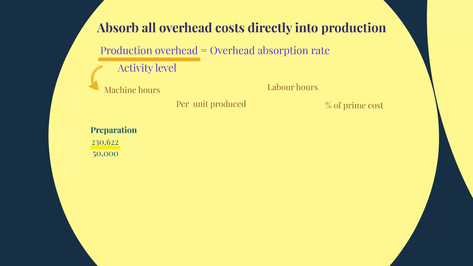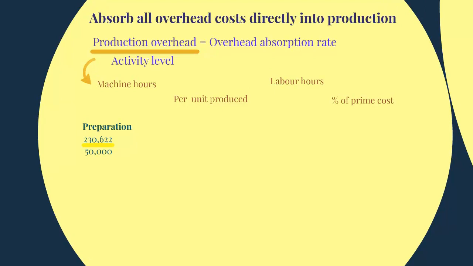Once you actually get to this stage, the calculation you used is irrelevant. We could easily have used the figure we got from the step method or from the reciprocal method here. And let's say that our labor hours came to 50,000 labor hours for preparation. This would give us a £4.61 cost per labour hour.